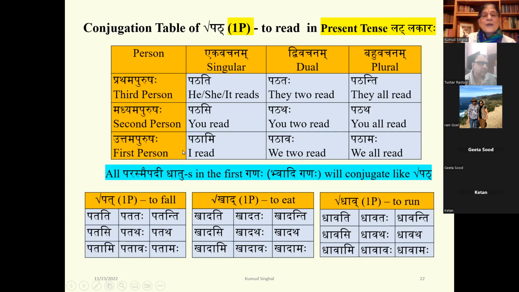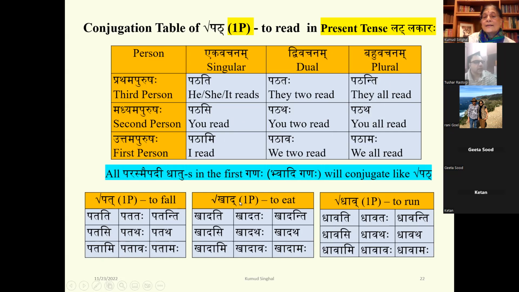For example, pat, it is group 1, parasmai pada, to fall, and it conjugates exactly like the patha dhatu. Patati, patatah, patanti, patasi, patathah, patatha, patami, patavah, patamah.